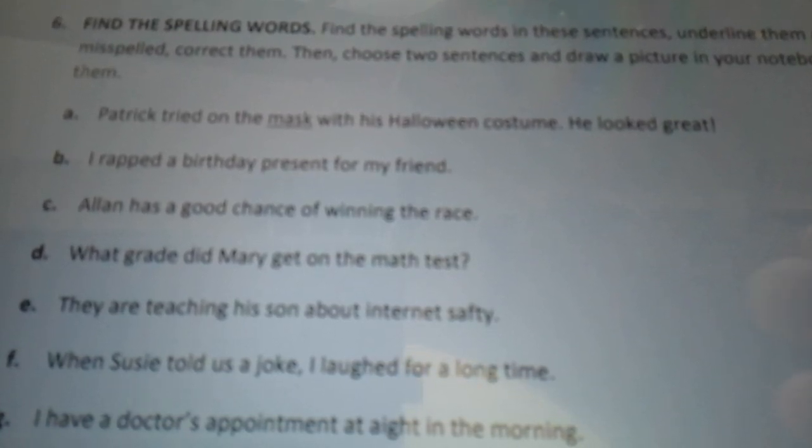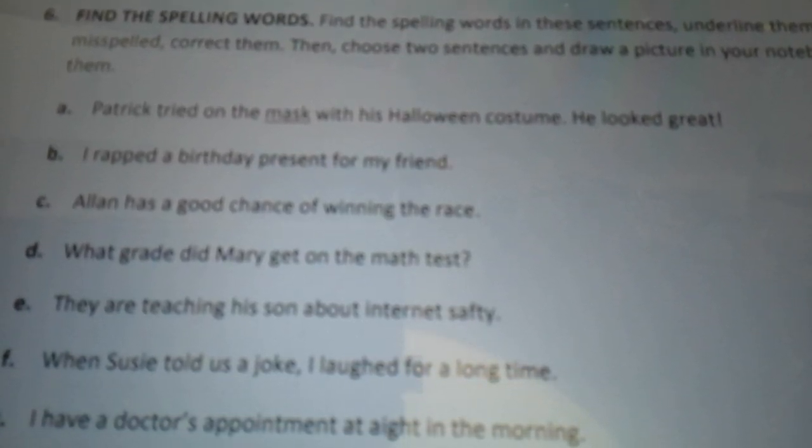What grade did Mary get on the math test? They are teaching his son about internet safety. When Susie told us a joke, I laughed for a long time. I have a doctor's appointment at 8 in the morning.